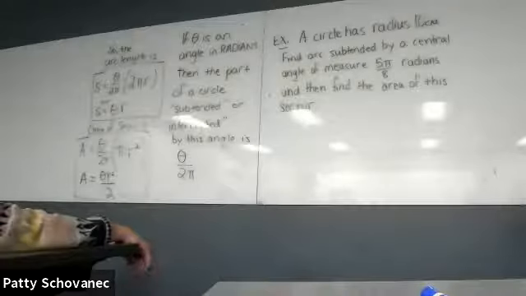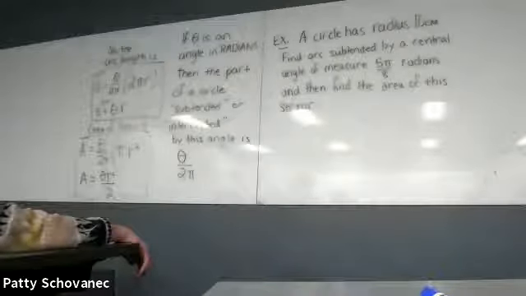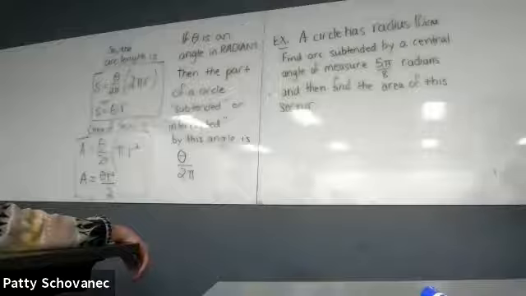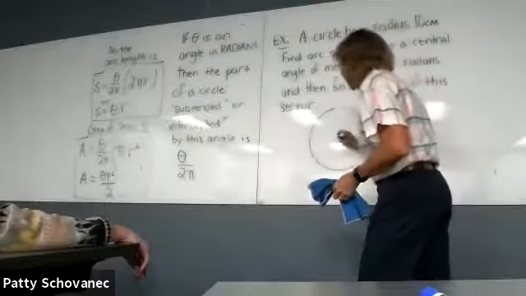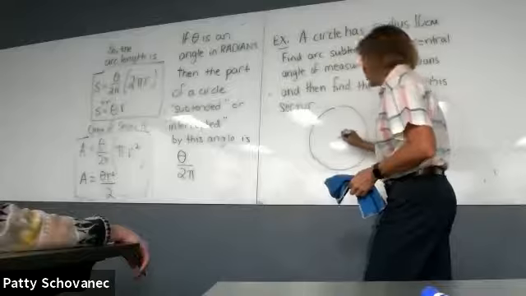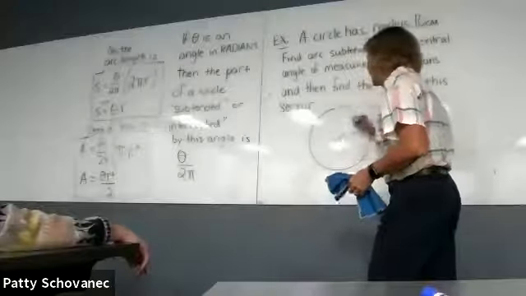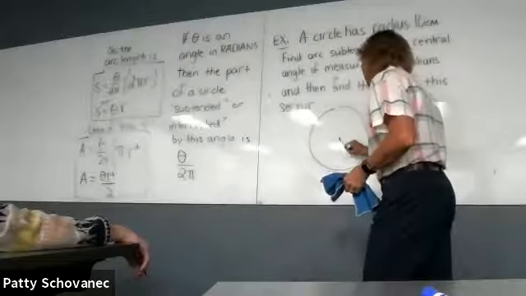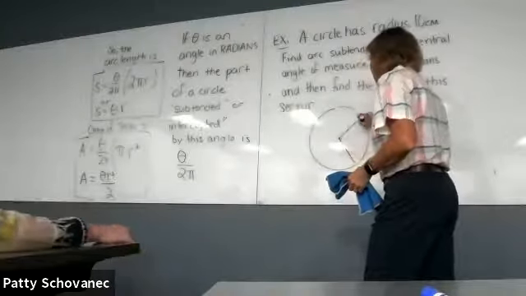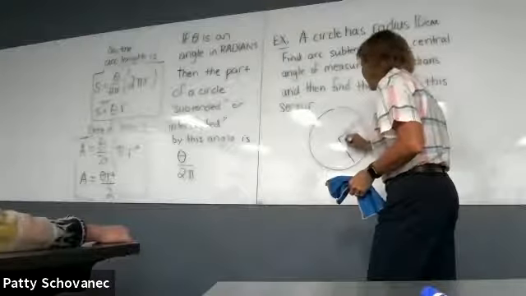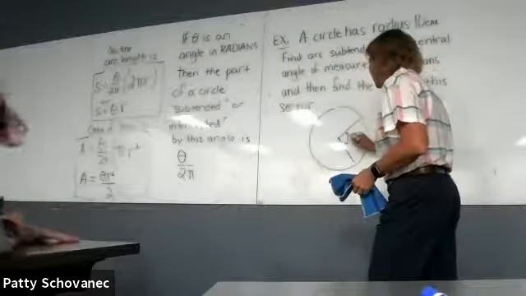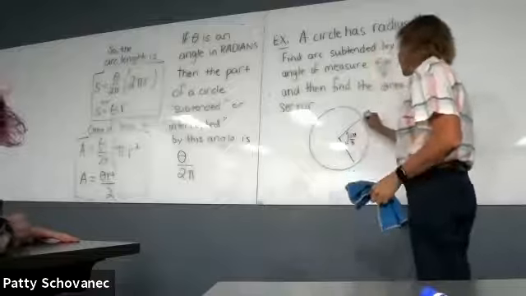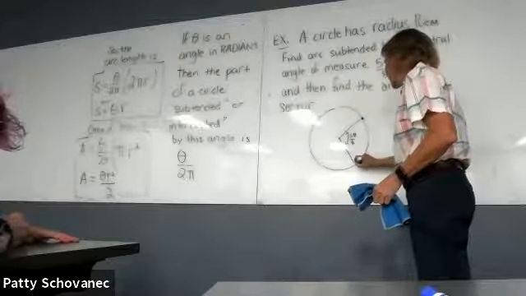So I've given you in your circle, central angle means it's always drawn from the origin. Doesn't matter where I draw it. Let's just do it this way now. Let's say that this angle is 5 pi over 8. And it cuts an arc from here to here.